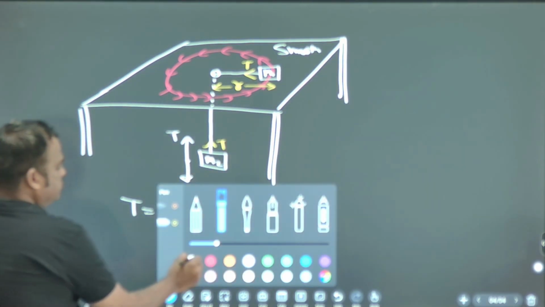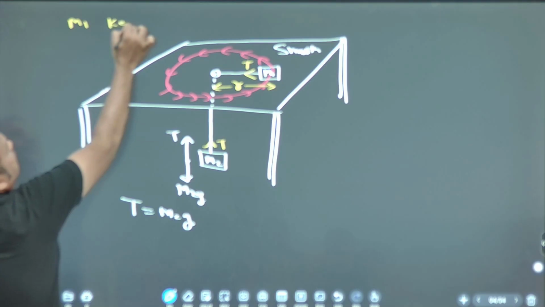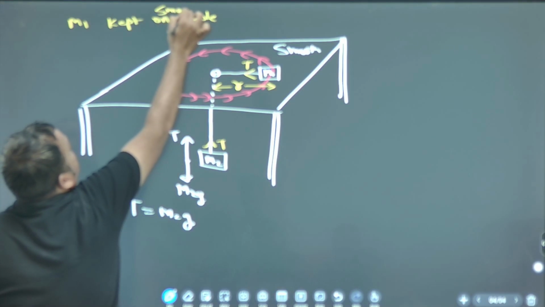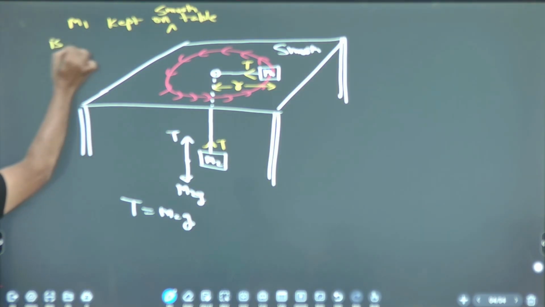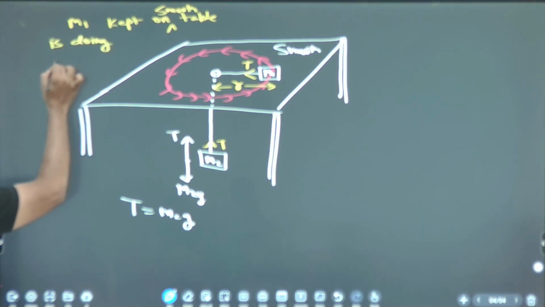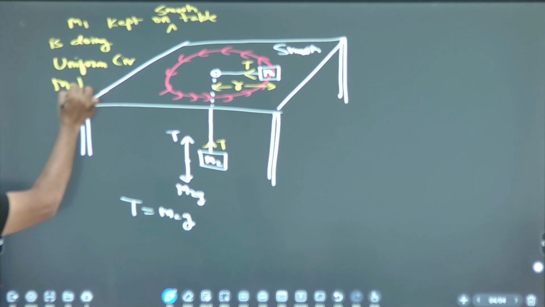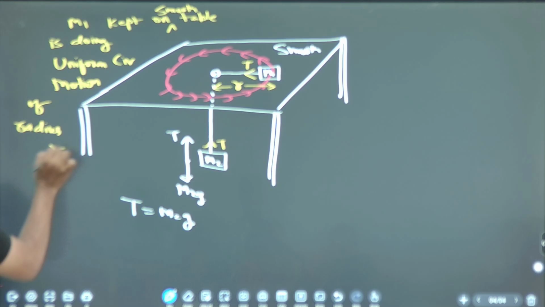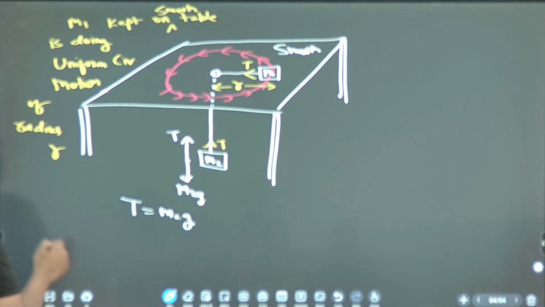So note down: M1 kept on a smooth table is doing uniform circular motion of radius R, with angular speed omega.